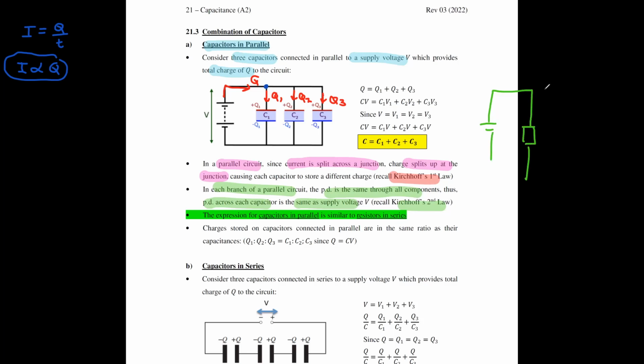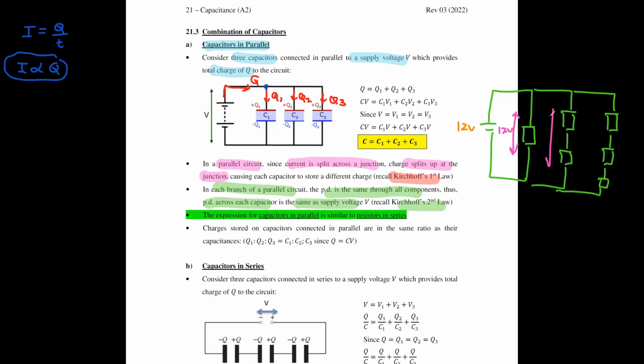So what do we mean by that is, if you again recall what you learned in your AS DC circuits, let's just say I have a parallel connection that looks like this. Each branch has a different number of resistors. If I were to tell you that your PD across your cell is 12 volts, what you would say is that the total PD across this first branch here will be 12 volts, across the second branch here will be 12 volts, and across the third branch will also be 12 volts.